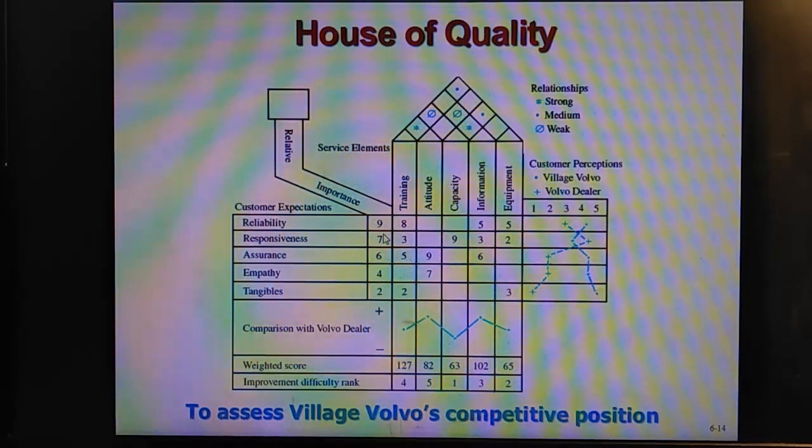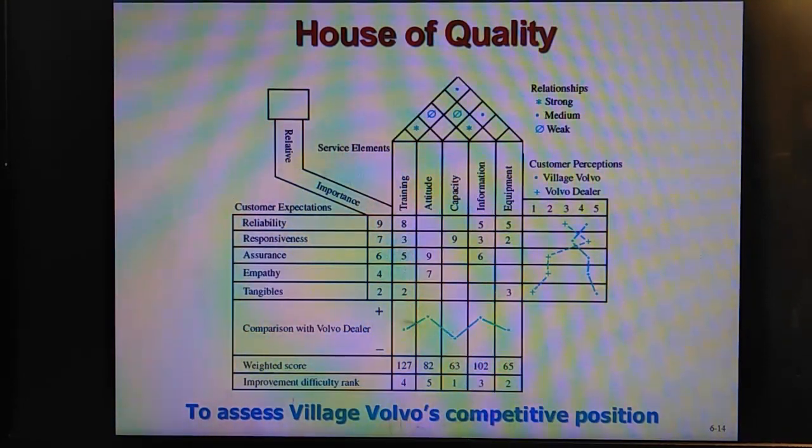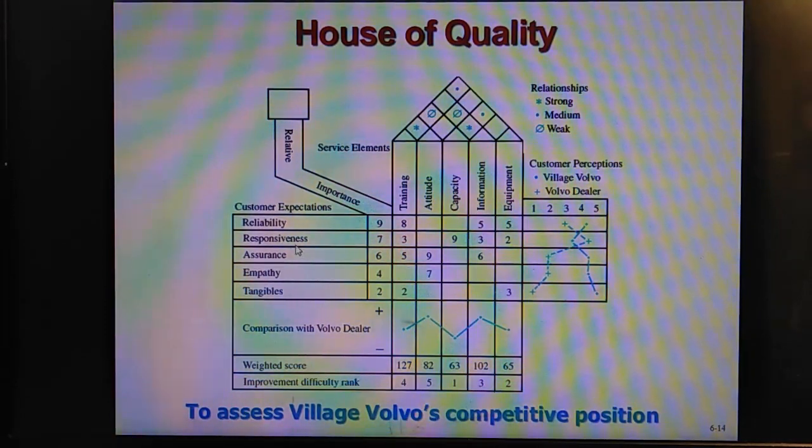In the house of quality assessment, you can put the 5 dimensions of ServQual, consisting of reliability, responsiveness, assurance, empathy, and tangibles. You can put that in the rows.